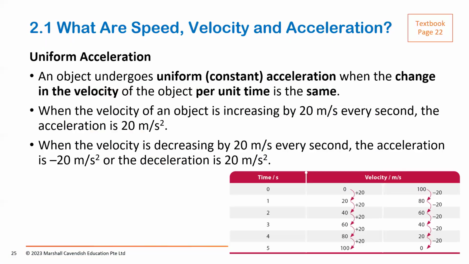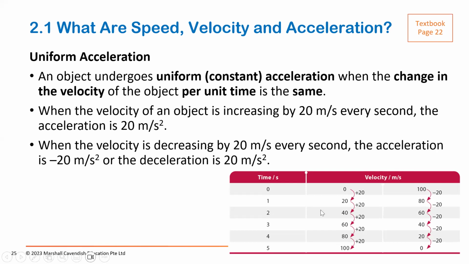Let's take a look at what this means. The word uniform means constant. Constant acceleration means that the change in speed every 1 second is the same. If you take a look at this table, for every 1 second, the velocity changes by plus 20 in the first part. It means that the object is moving faster and faster.